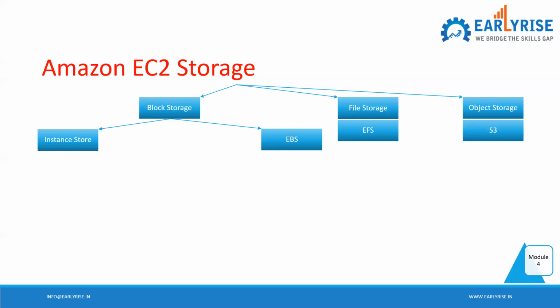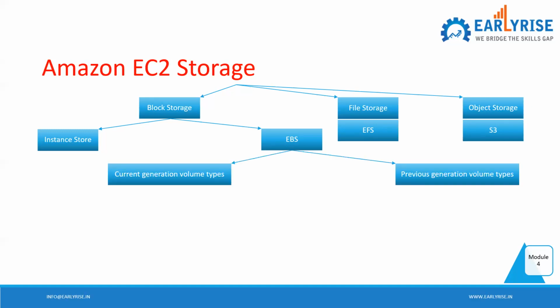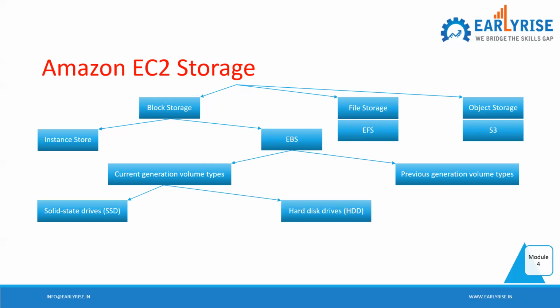I am limiting myself to EFS for file storage, and S3 for object storage, which you have seen. Under EBS, take a division into two types: current generation and previous generation. All the new generations of systems are getting the current generation volume types. Under that, you have SSD and HDD.